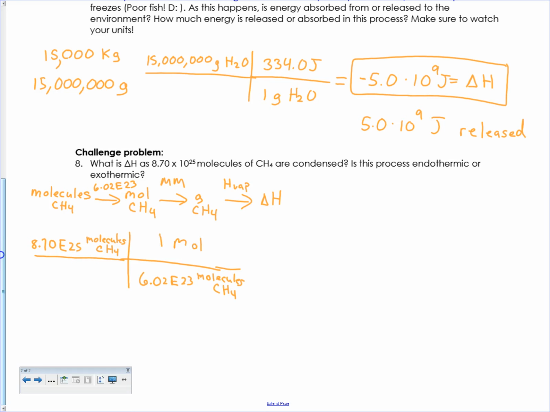If you look up the molar mass of CH4 on the periodic table, you'll see that 1 mole of CH4 has a mass of 16.05 grams. Okay, and then we're going to use the heat of vaporization for CH4, so you look that up on that table on the front of the sheet. We get 480.6 joules for every 1 gram of CH4.